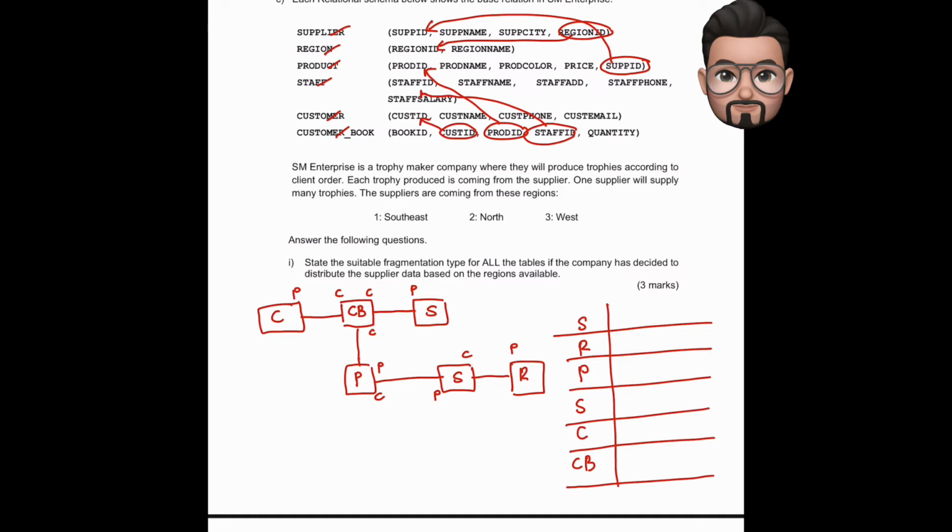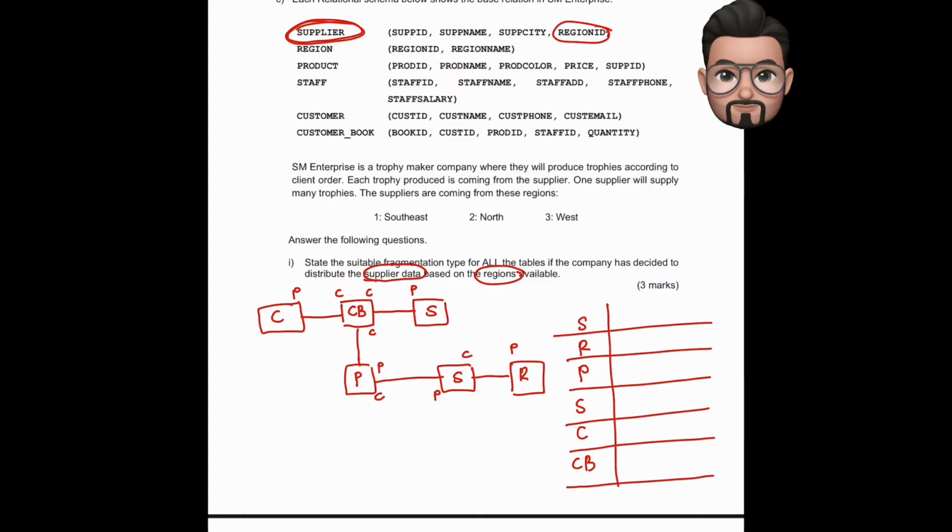If the company has decided to distribute supplier data, they want the supplier data based on the region. So if you take a look at the schema, they want to divide the supplier data according to the region.